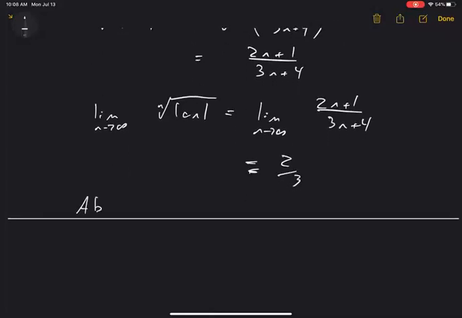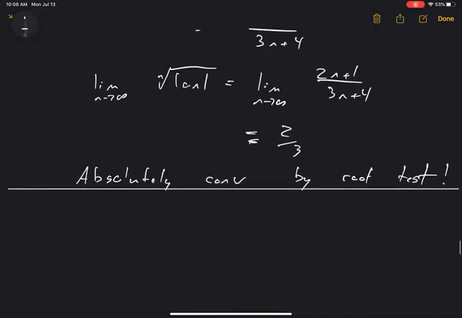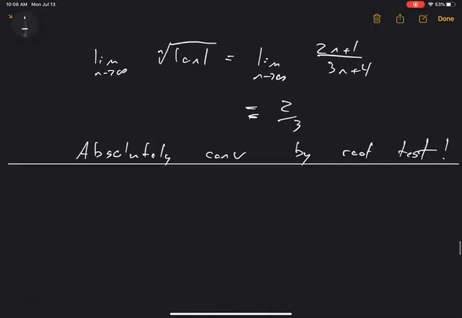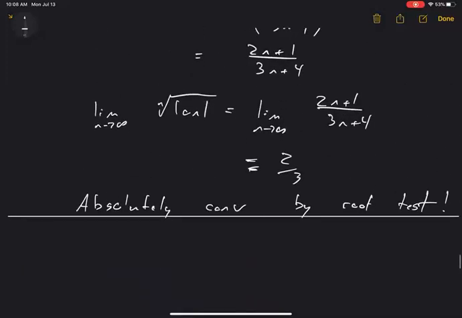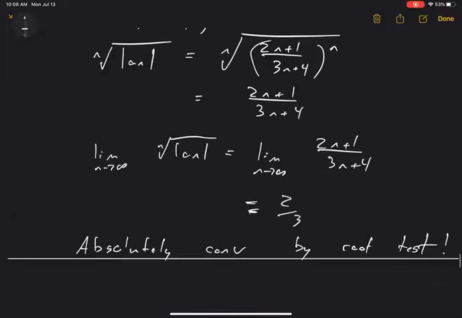So we see our series is absolutely convergent by the root test. If the limit was greater than 1, our series would be divergent. If the limit was equal to 1, the test would be inconclusive and we would have to do some more digging.